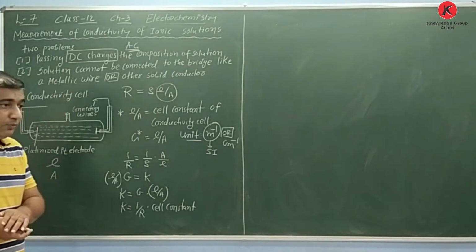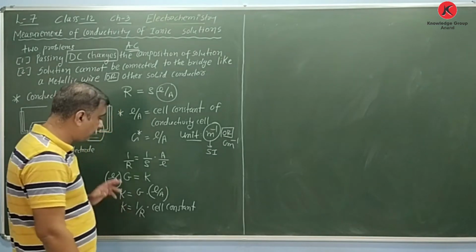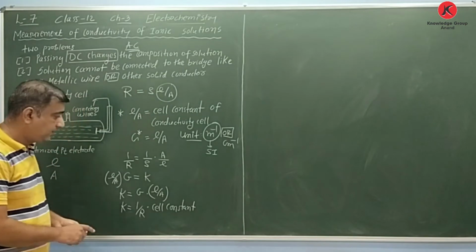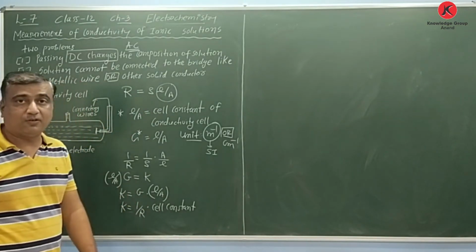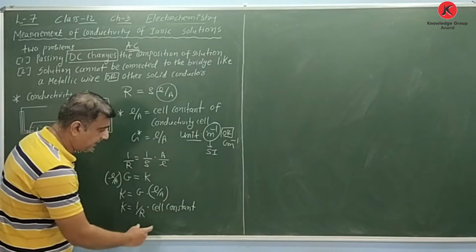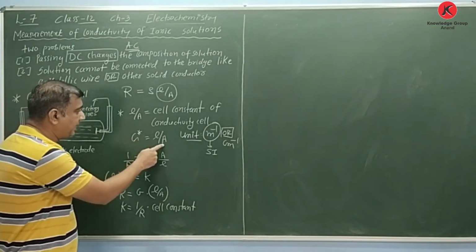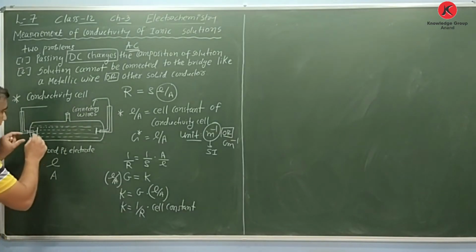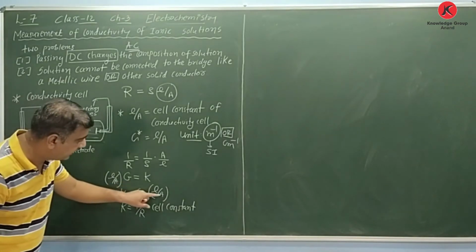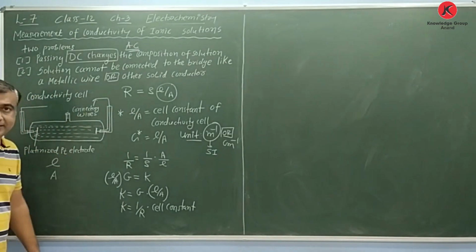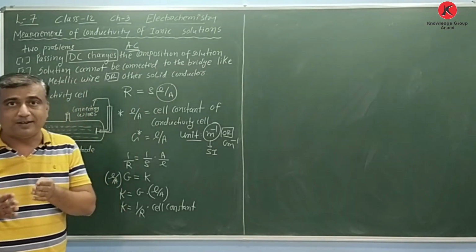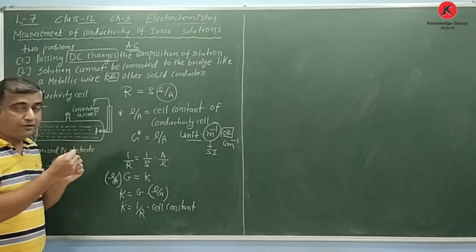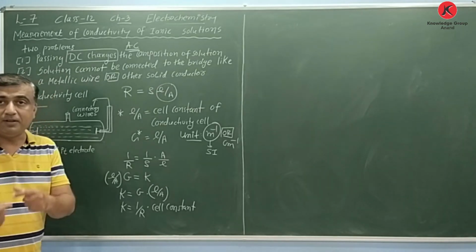Now, if you want to measure the conductivity of a solution, how to measure it? If we know the cell constant, that means the values of L and A of the given conductivity cell. If we measure L and A from this conductivity cell, this value is not reliable, because when measuring L and A, error will be there.